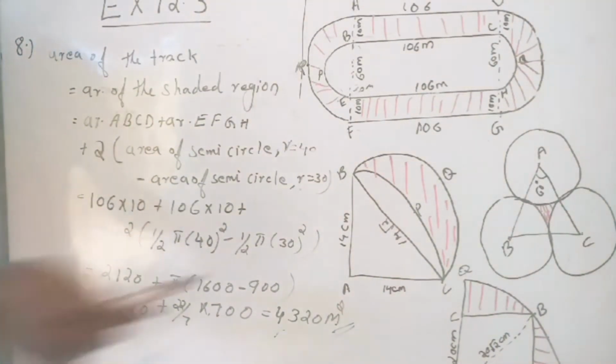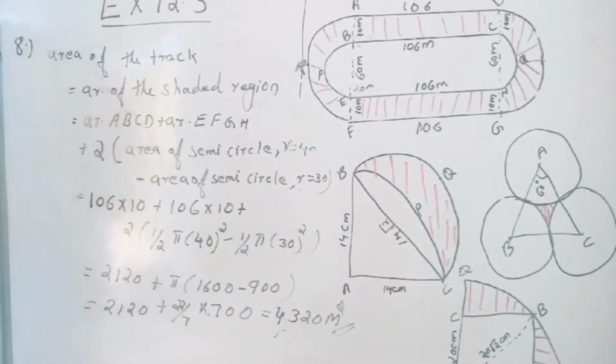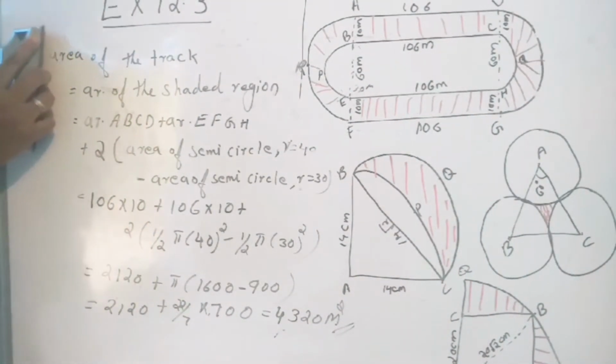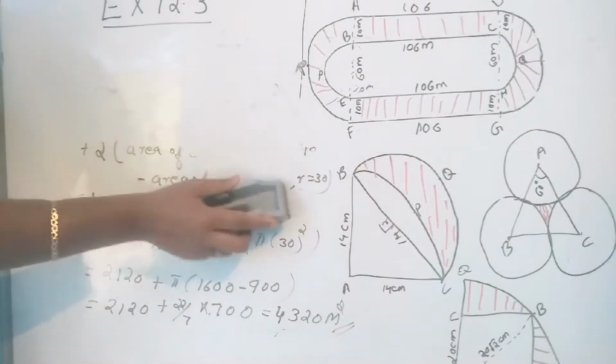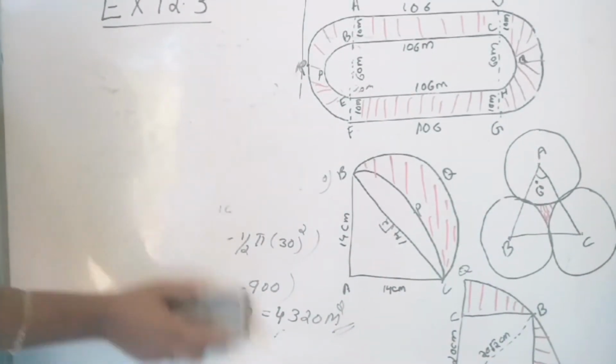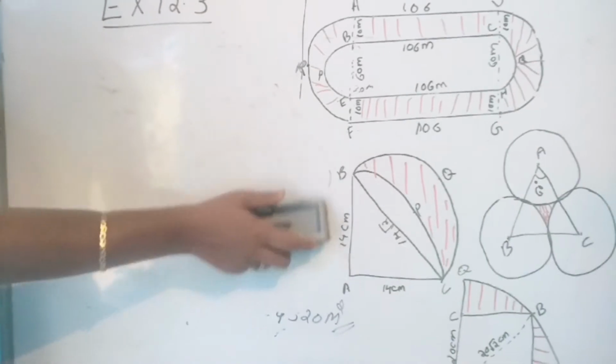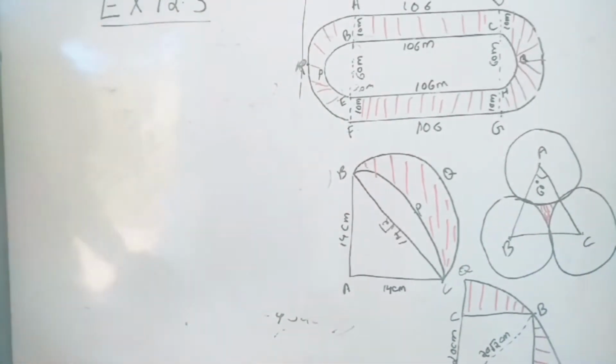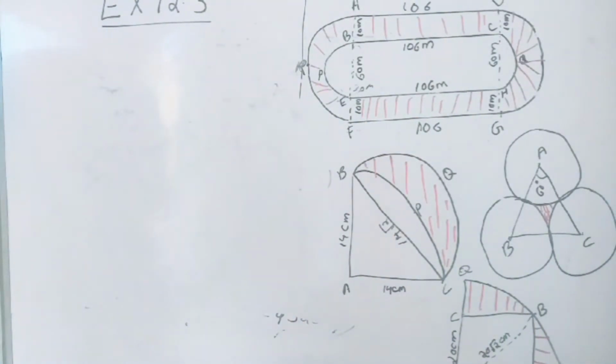So, this is our figure, and ABC is an equilateral triangle. Since ABC is an equilateral triangle, angle A is equal to 60 degree.